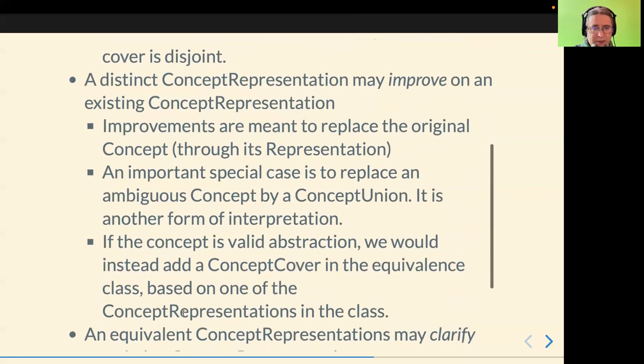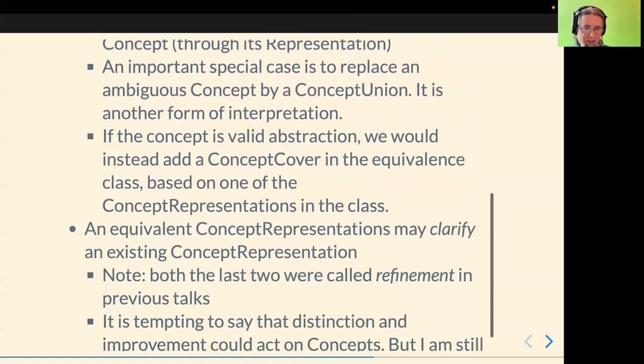Then the notion of improvement, improving a concept, and a very important special case is replacing an ambiguous concept by a concept union. We thought we were clear what we meant by this concept, or to be more accurate, this concept representation, but actually what we want for the whole equivalence class is to say, no, we actually mean this or that, and this is the concept union. And you should choose, because you probably don't mean both at the same time.